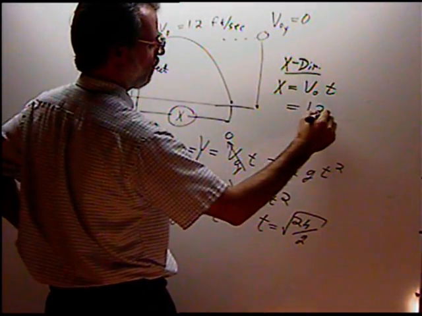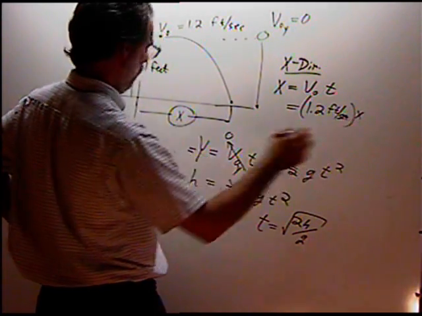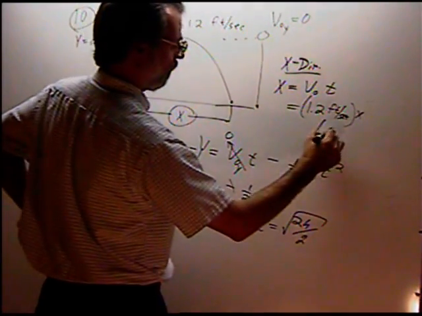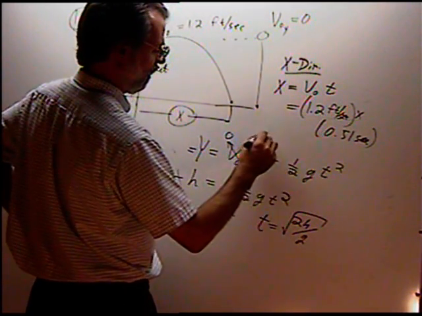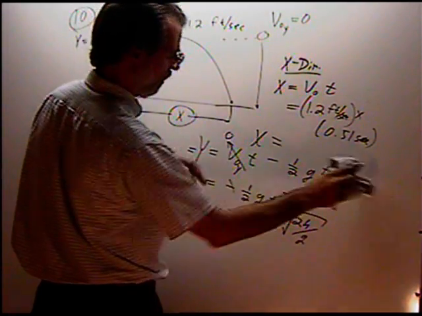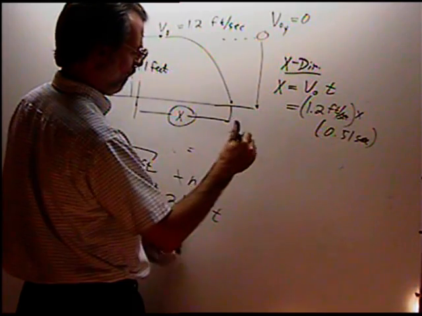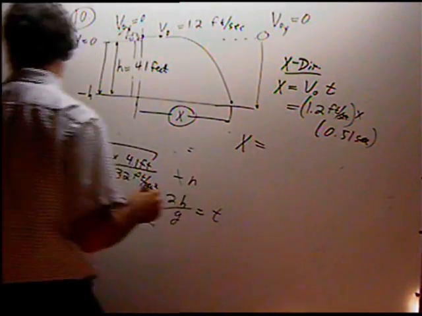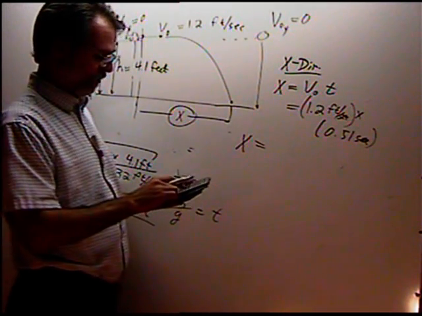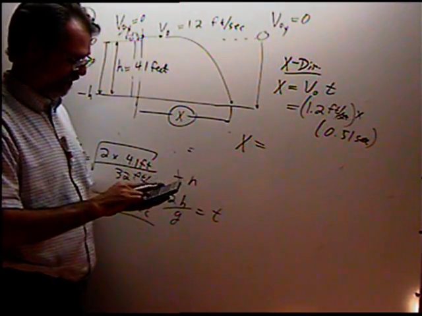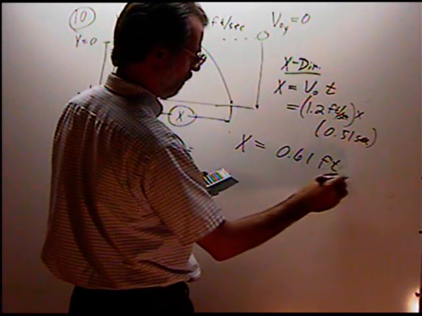It's 1.2 feet per second, and we multiply that by 0.51 seconds. The seconds cancel out, and we get that this distance is 1.2 times 0.51, it's 0.61 feet.